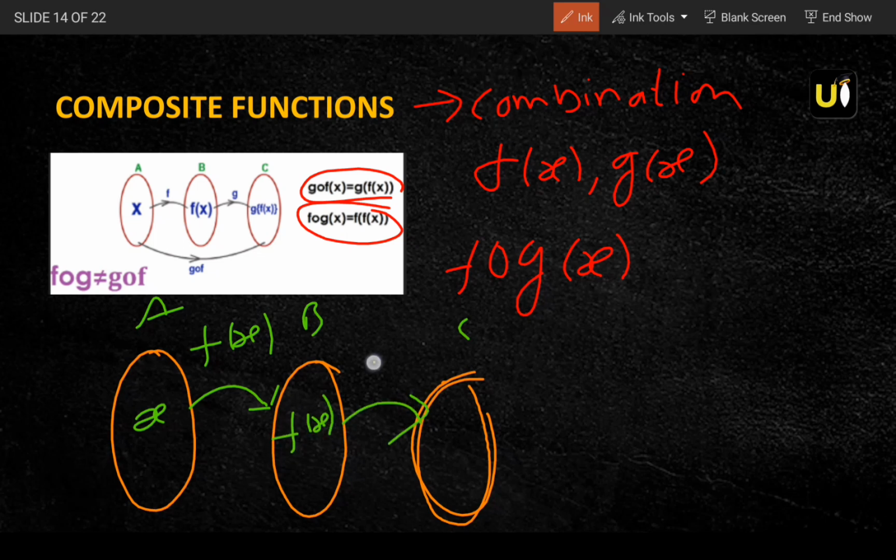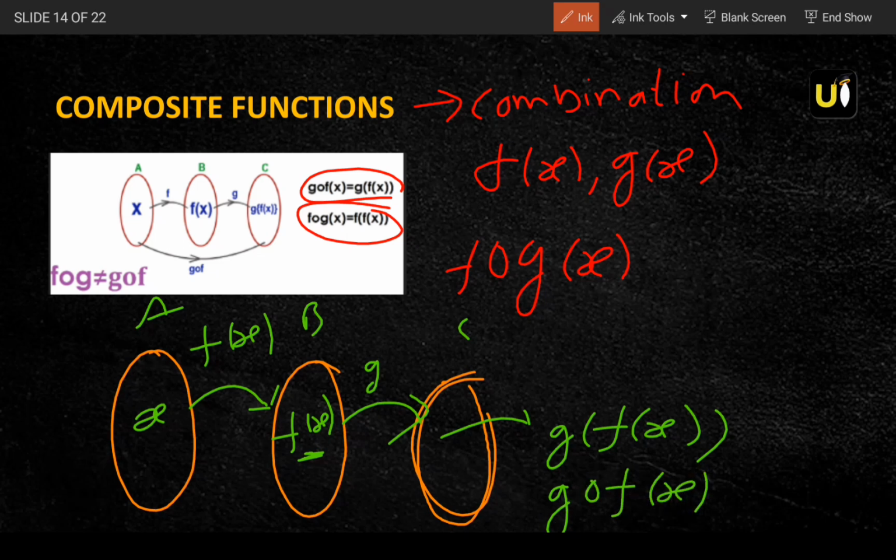And now on applying the g function to this f of x, we get g of f of x. Both the representations are correct. This is how we represent a composite function. And remember, f of g of x is not equal to g of f of x.